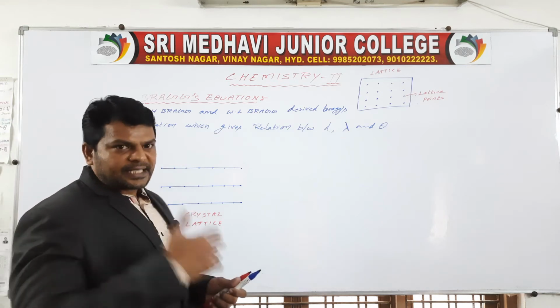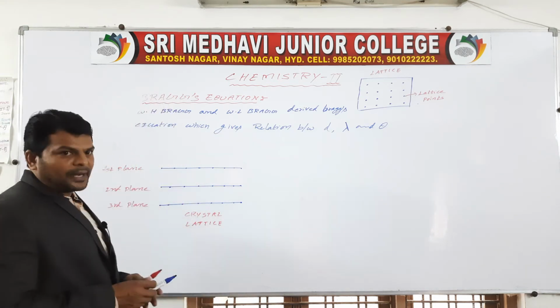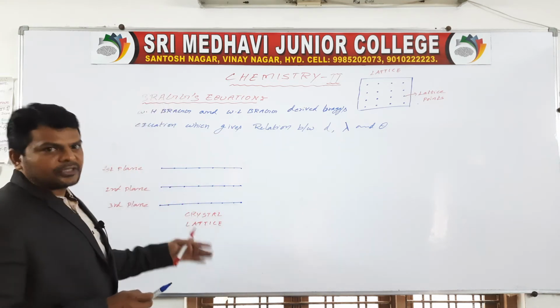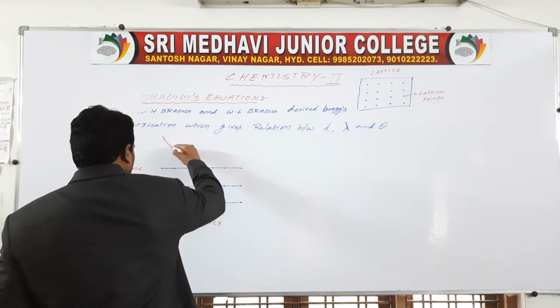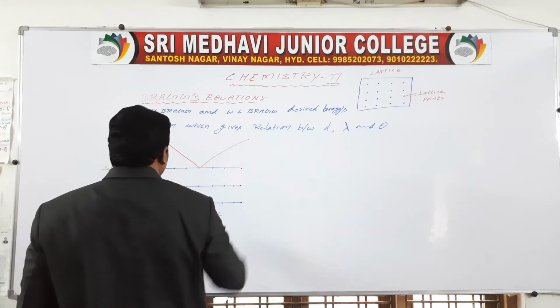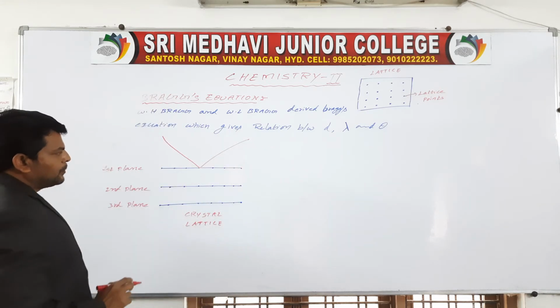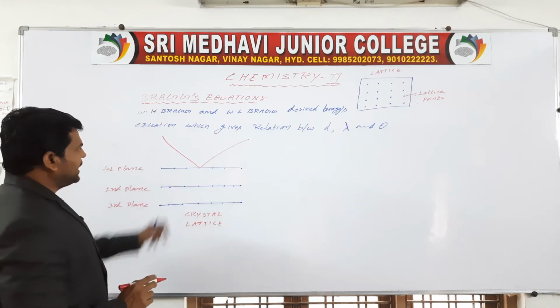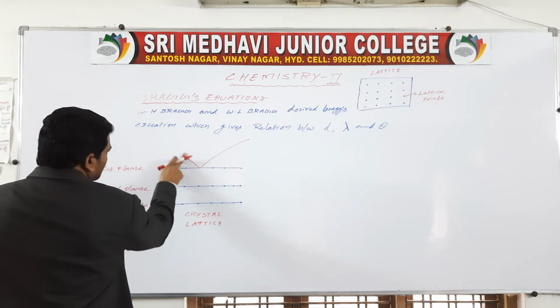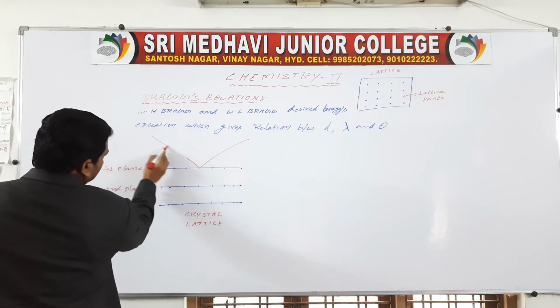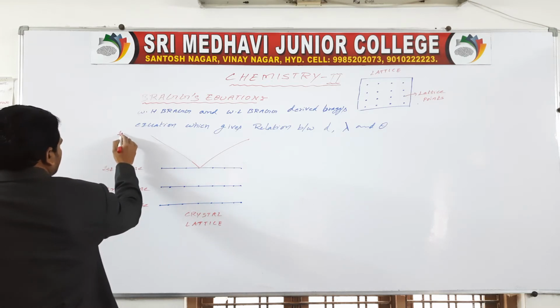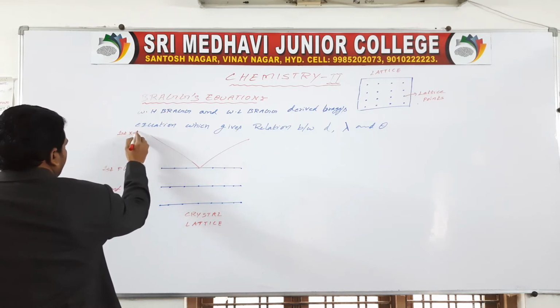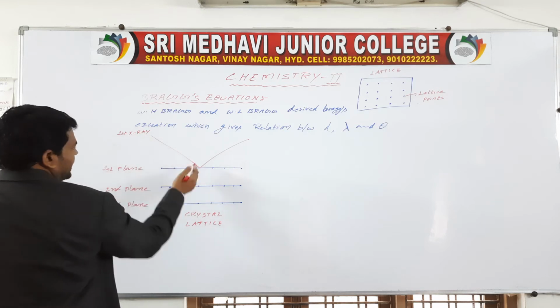If you pass X-rays through this crystal plane, the X-rays undergo diffraction. Like this, the first X-ray touches the points in the crystal plane and undergoes diffraction.